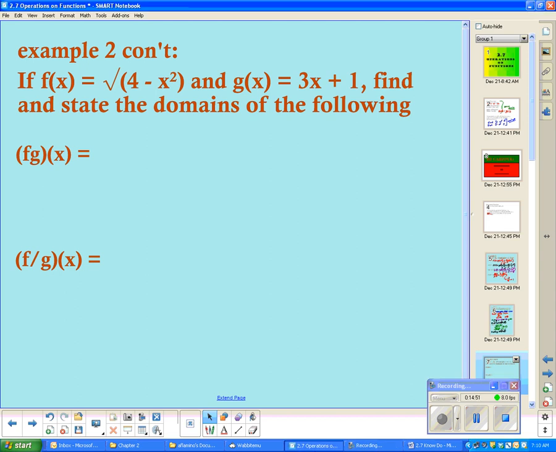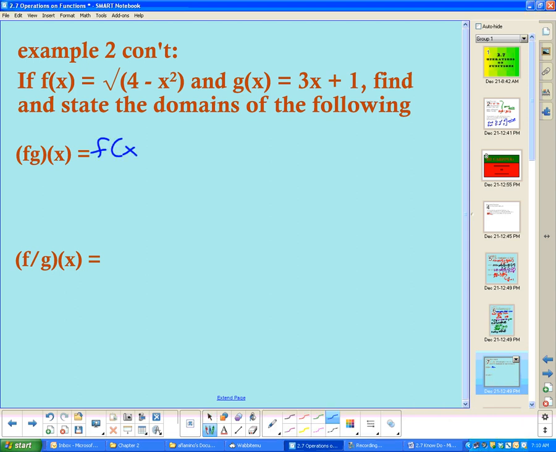And the same would hold true for finding the multiplication. f of x times g of x would be the square root of 4 minus x squared times 3x plus 1.